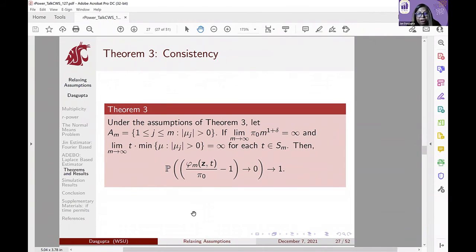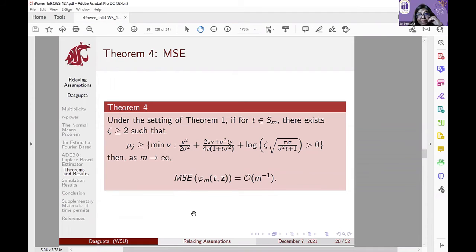Theorem 3 is an important theorem because we showed that our estimator is indeed a consistent estimator for the proportion of nulls. The difference went to 0 with probability 1, so it's a consistent estimator. We used some of the techniques Gene and others used, but in our scenario.